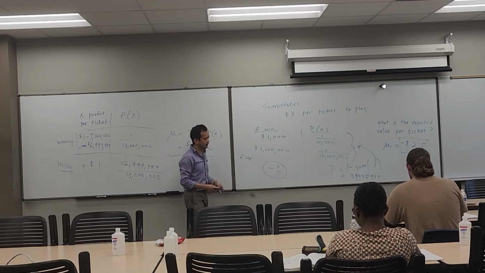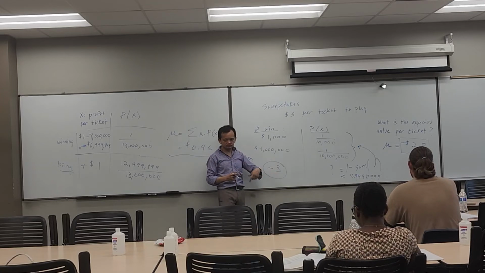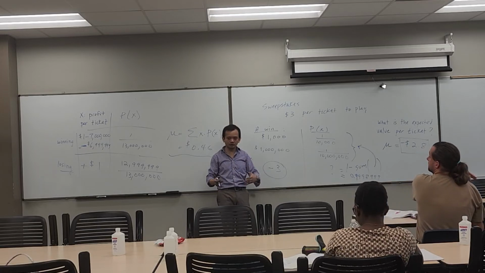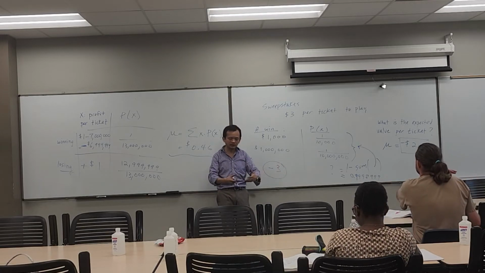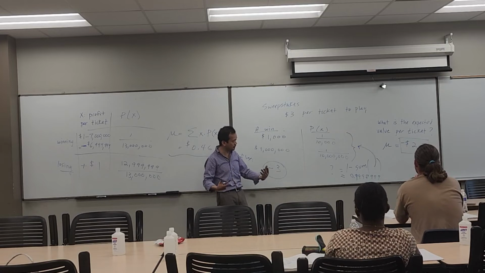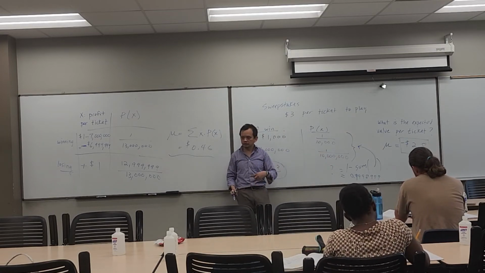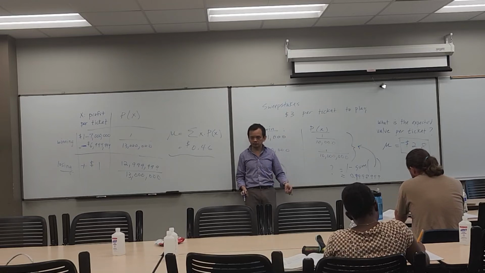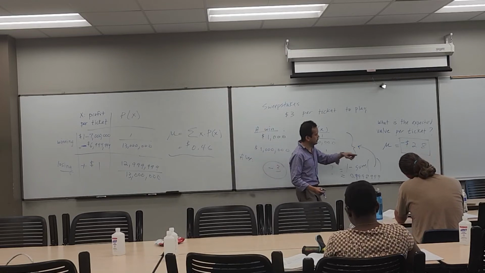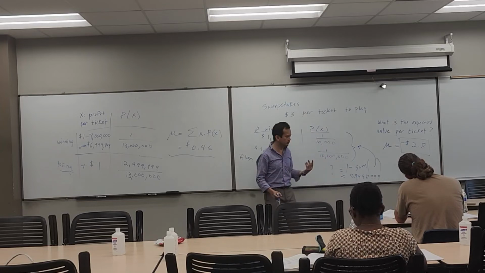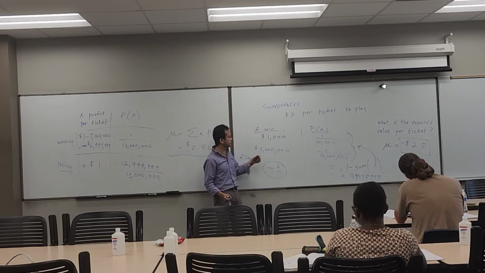Another way of thinking about that is if you play repeatedly, for example, if there's 1,000,000 customers that played once each, then if you took the average of everything that they lost or won per ticket, that average would come out to be $2.80. Because most of the time they're gonna lose. Once in a blue moon, they might win, but it happens very infrequently.